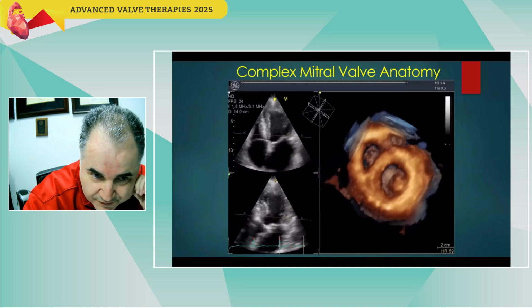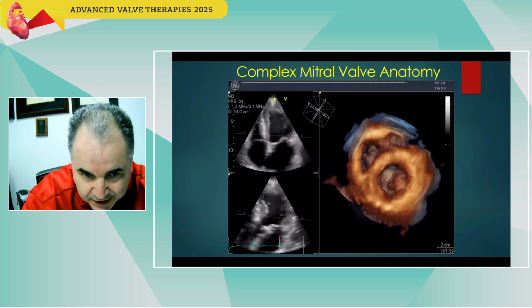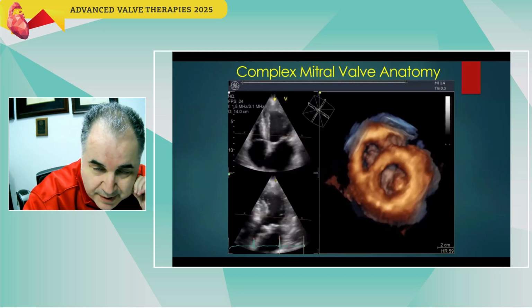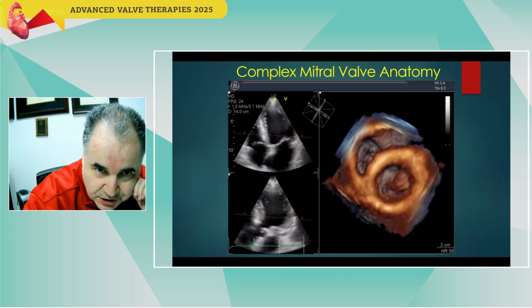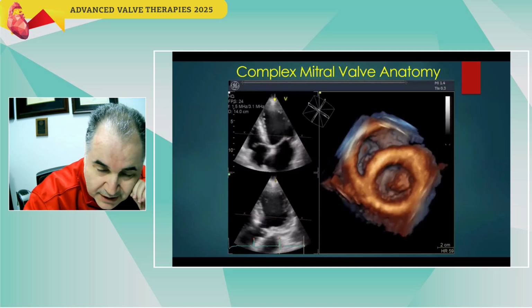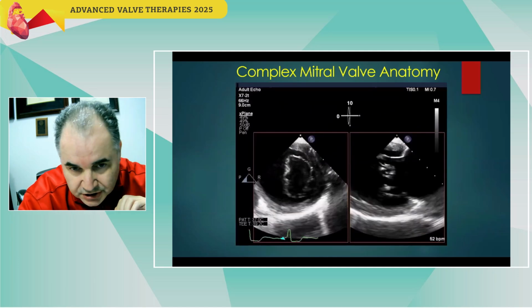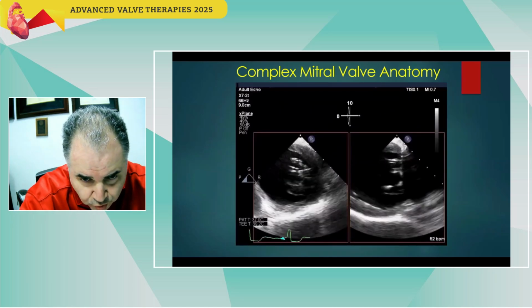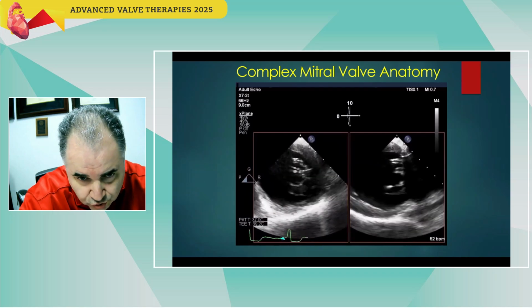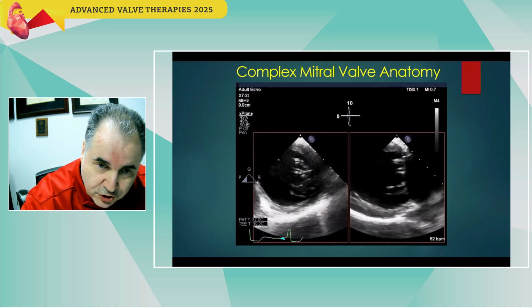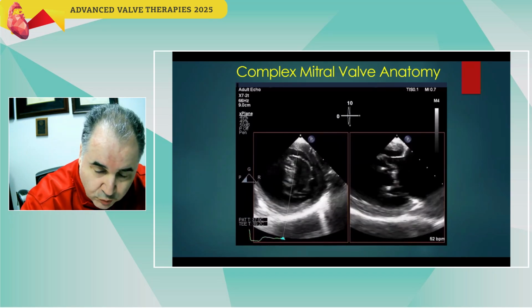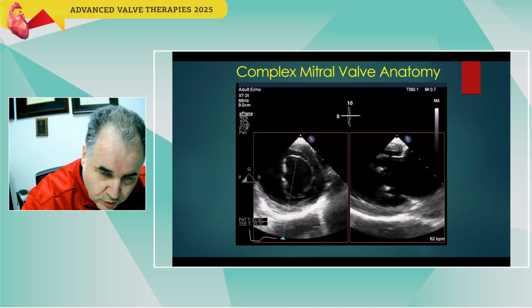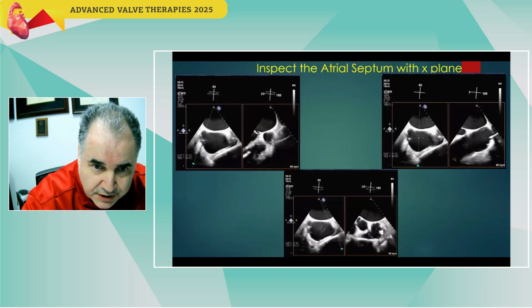That's why we have a lot of devices being developed almost every day that try to treat mitral valve disease with transcatheter therapies. The mitral valve is a very complex structure that includes not only the valve itself, but also the muscle, the LV, which is very important to take into account when you treat mitral valve disease.